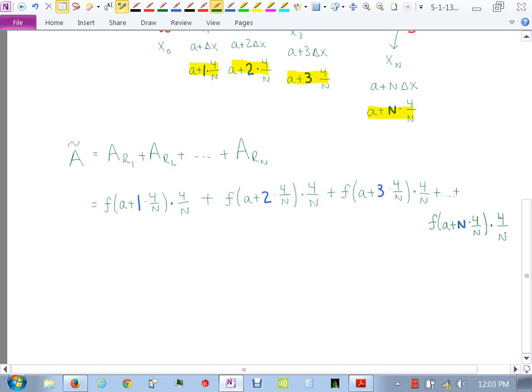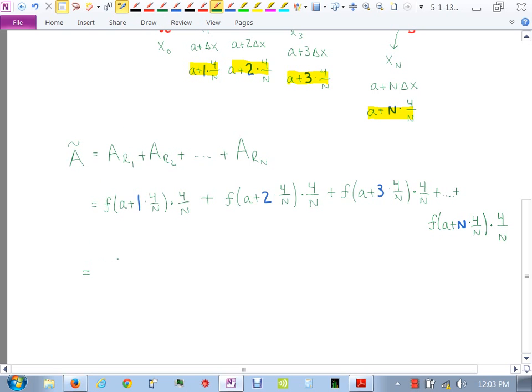All right. Would you agree that in that sum, the only thing changing in each of those terms is that 1, 2, 3, 4, all the way out to n? Everything I've done in blue, right? It's the only thing that changes each time, and each of them goes up by 1 each time. 1, then 2, then 3, then 4. Isn't that perfect for summation notation? Okay, so let me try that.